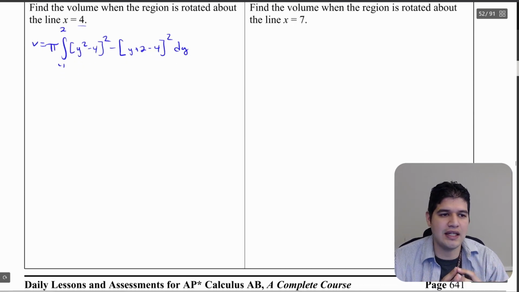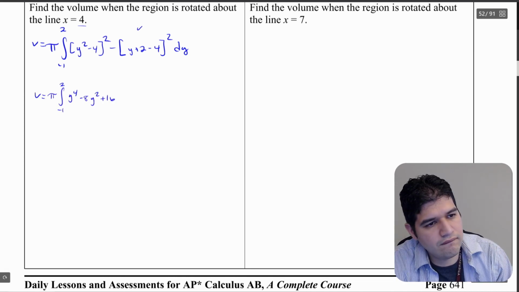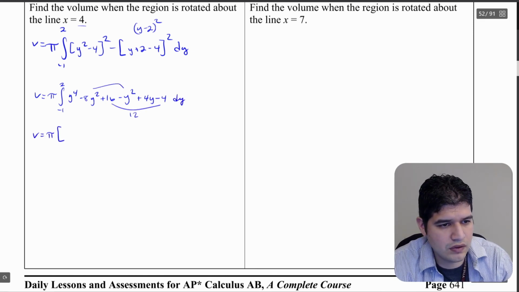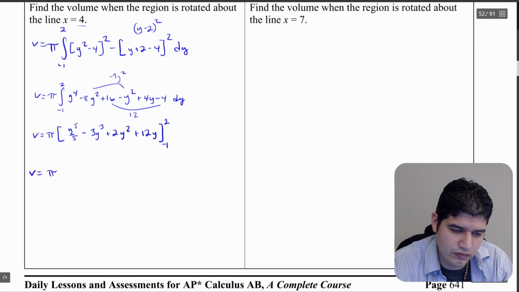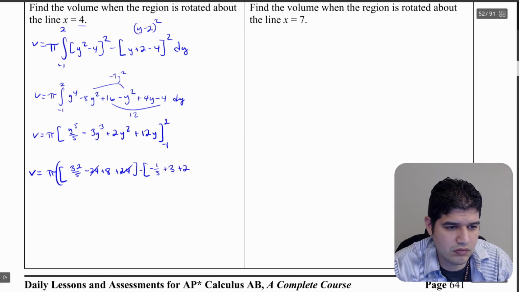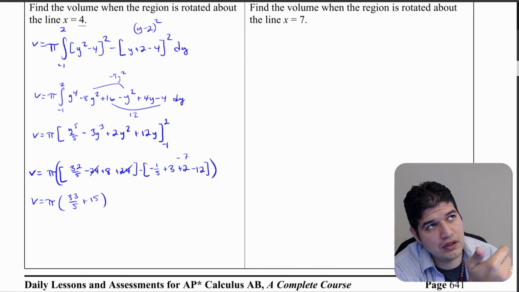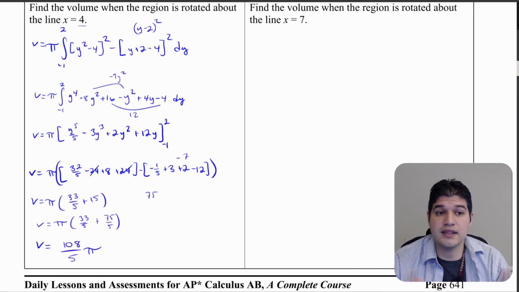I'll catch it, and we'll talk about it in just a second. So our volume in the second problem is going to be 108 pi over 5.